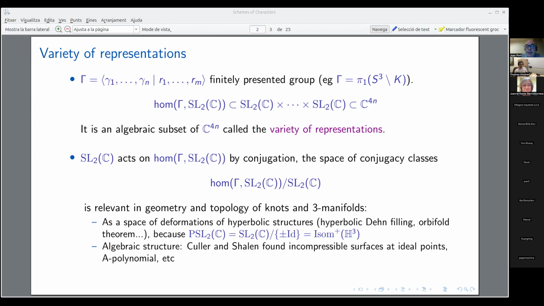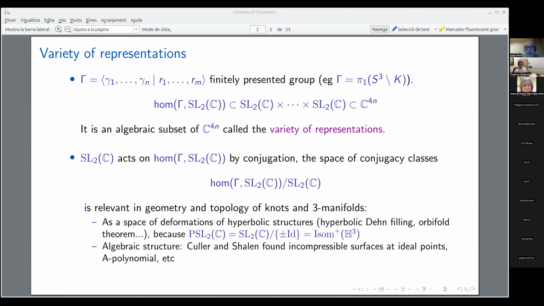So we could look at representations into PSL2C, but you'll see that it's easier to work explicitly with this object here, with SL2C. And there is all this well-known theory from the 80s, the A-polynomial, and many things. And I will talk about it today.